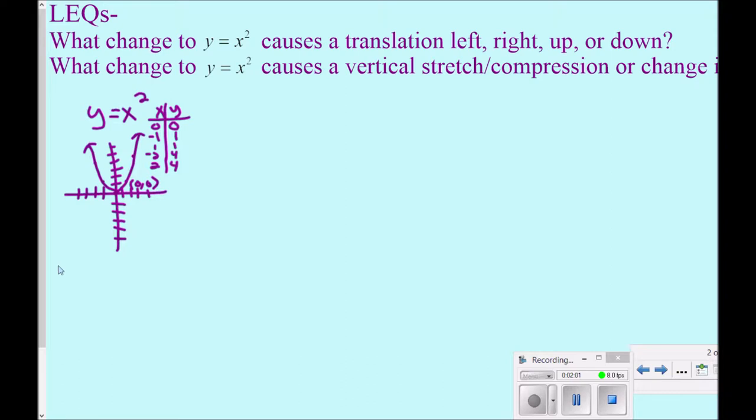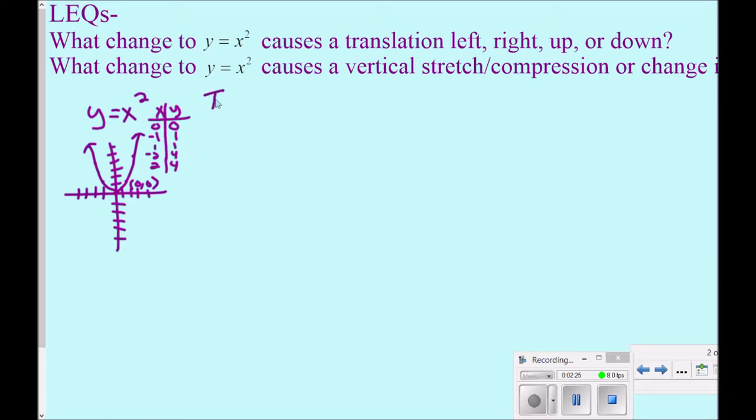Okay, so the next thing we talked about was that if I wanted to translate that parabola, shift left, right, up, down, the translations for a parabola are almost identical to the translations for an absolute value, which is why we did that warm-up, to refresh your memory.